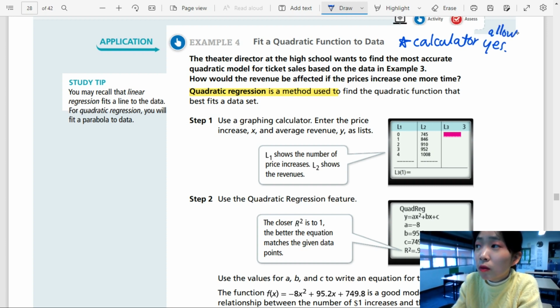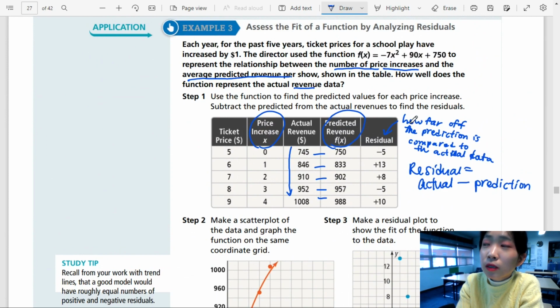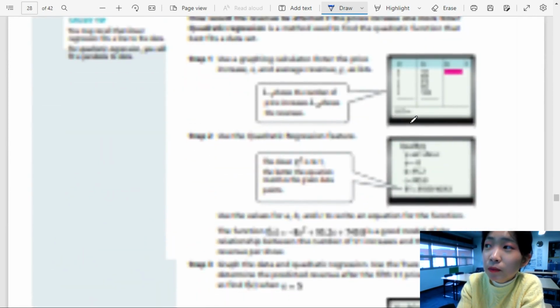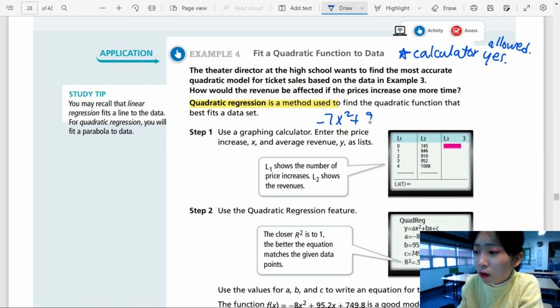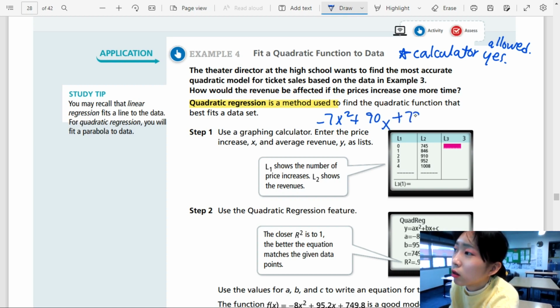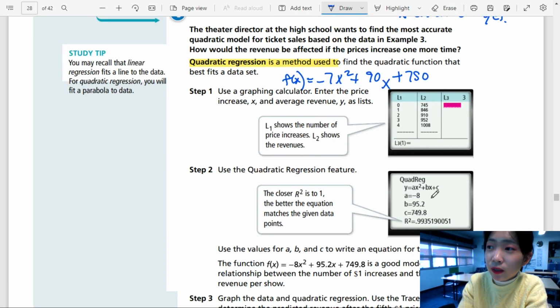So using your function, which was negative 7x squared plus 90x plus 750, you're going to graph it and then find the best fit line in the quadratic regression feature.